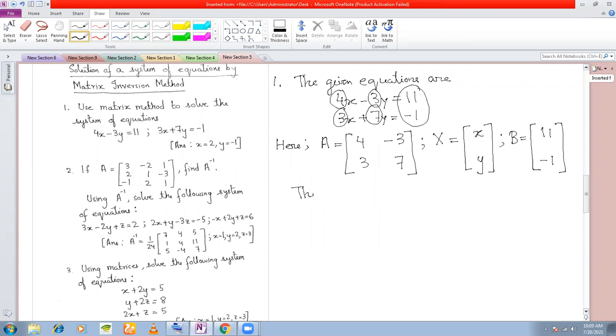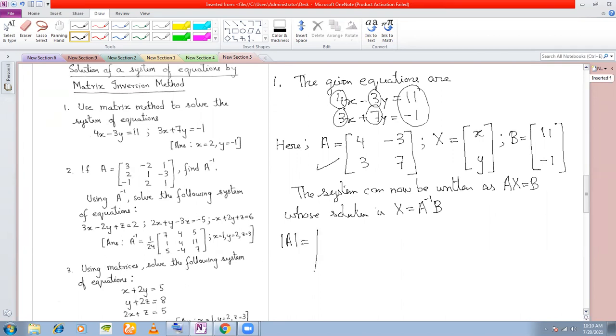The system can now be written as AX is equal to B, whose solution is X is equal to A inverse B. That means we will be required to find out the inverse of A. But before finding out the inverse of A, we need to find out the determinant value of A. Determinant value of A here is 4, minus 3, 3, 7.